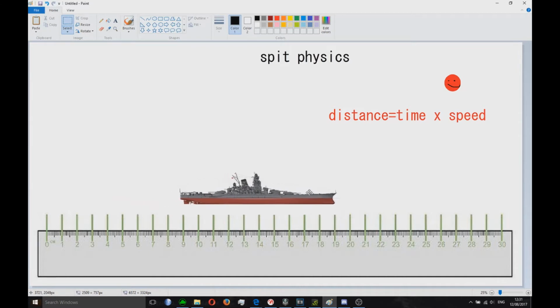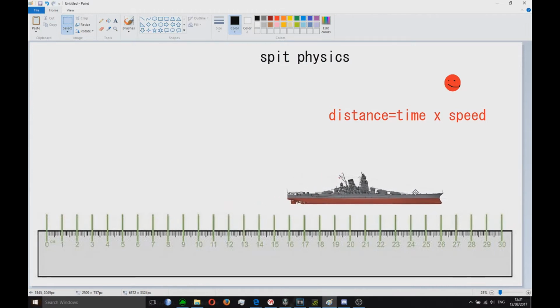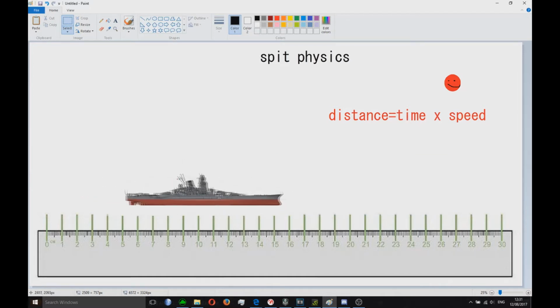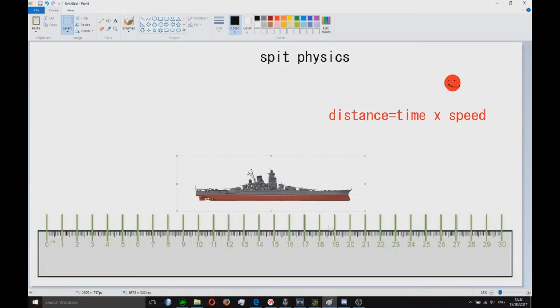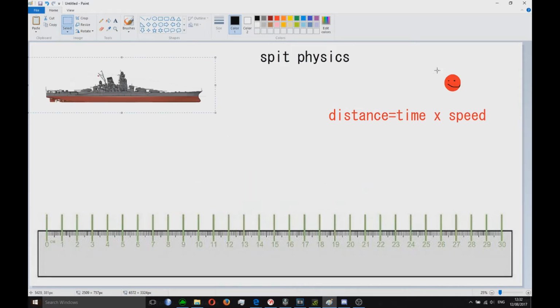And you'll notice that every single little ruler thing I go past is about a second, right? So we know that at 30 knots, that's the speed, yeah? And for 1 second, so that's the time, it moves a distance, this bit. 30 knots at 1 second, it moves one section, right? Let's do this with the happy ball.